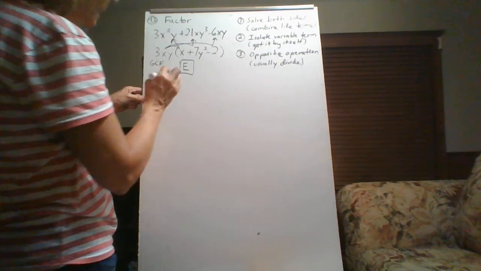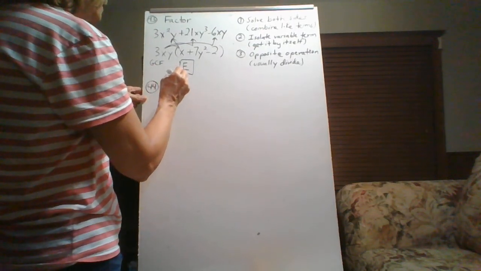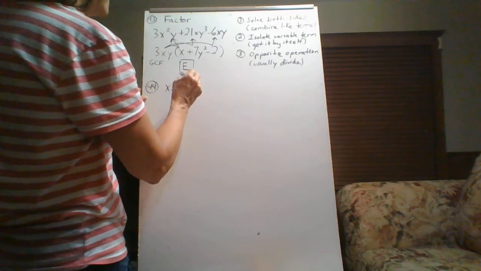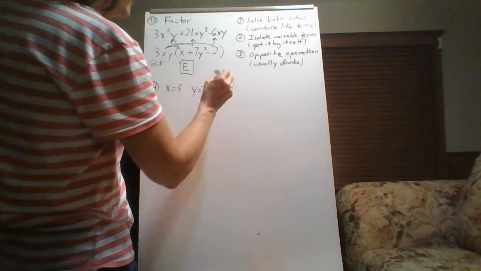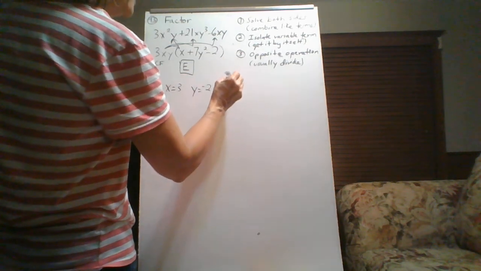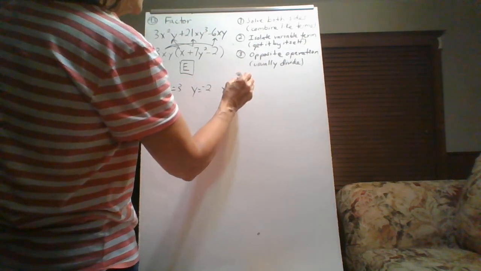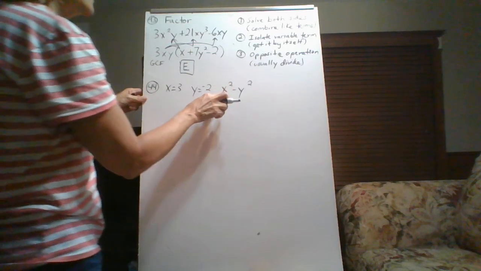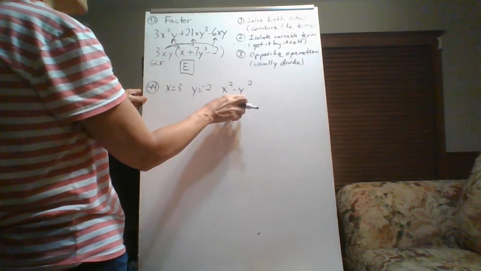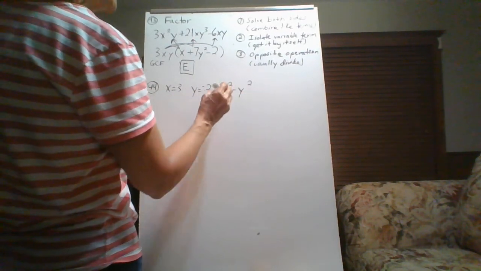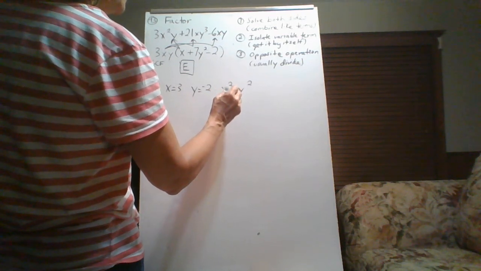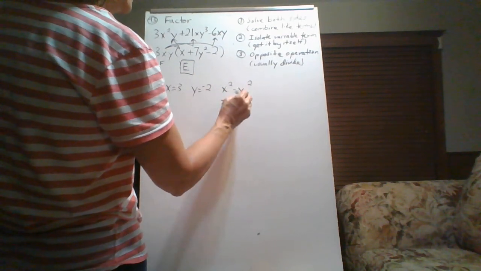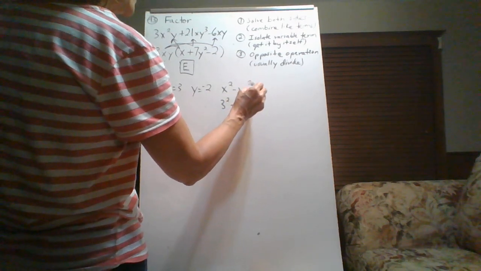44. If x equals 3 and y equals -2, what is the value of x squared minus y squared? You're just plugging in. Every time I see x, I put 3. Every time I see y, I put -2. So I have x squared, so 3 squared, minus y, -2 squared.